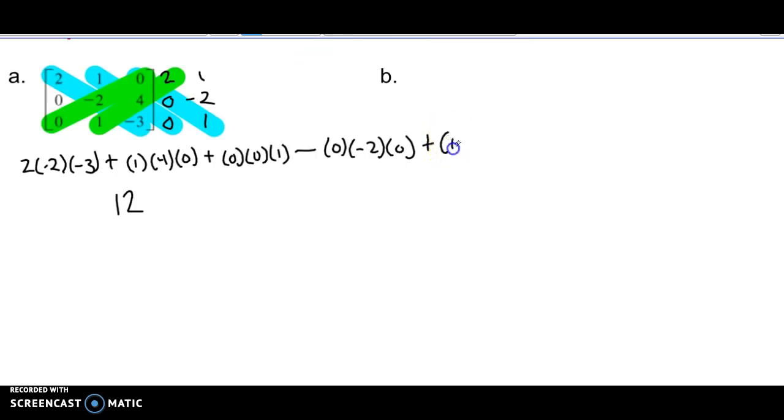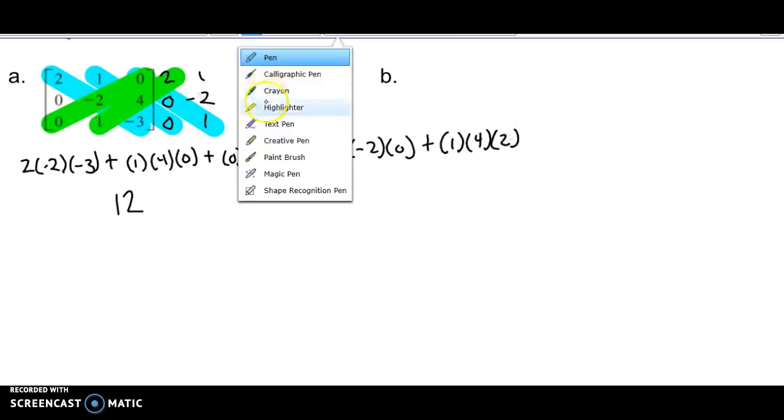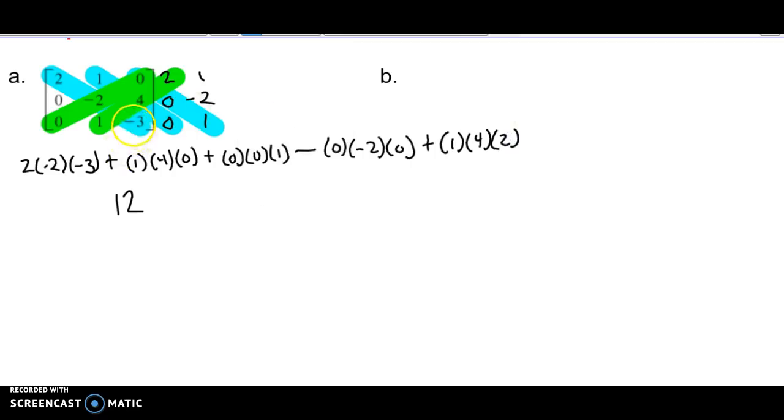So plus 1 times 4 times 2. The last one, I'm going to go from negative 3, 0 to 1. And I'll have minus negative 3, 0, 1.